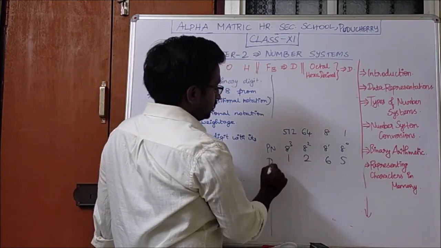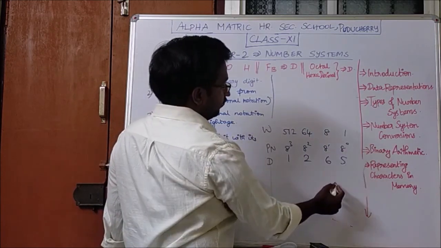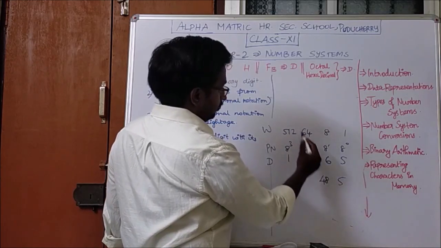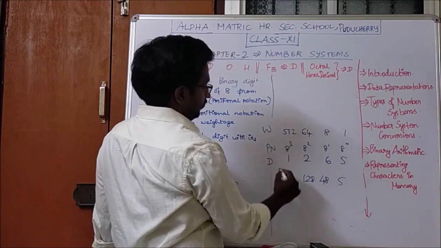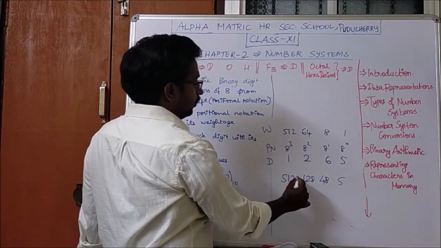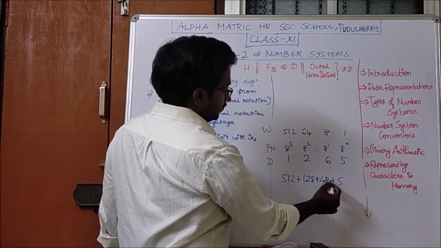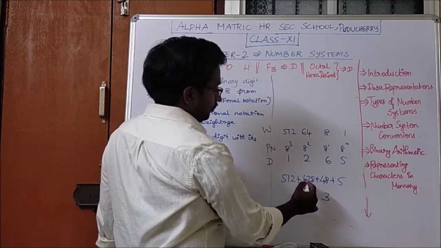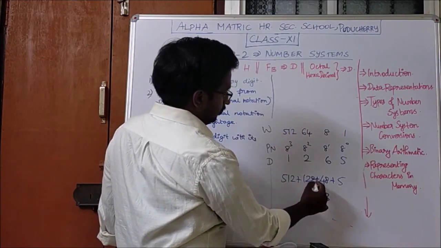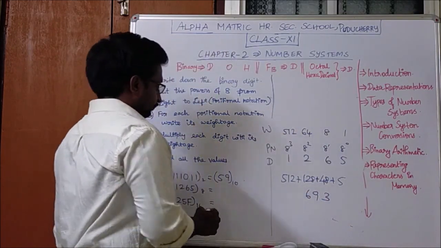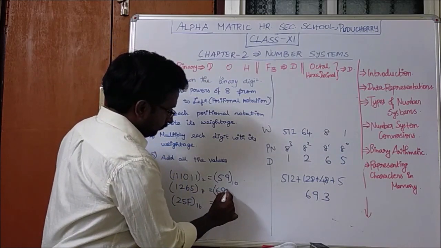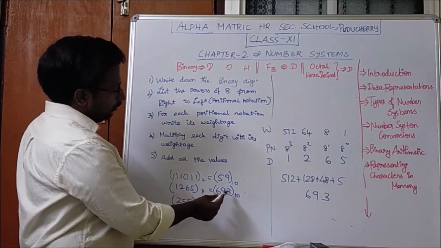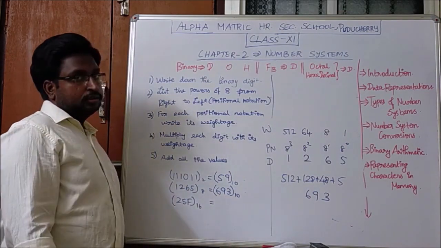You have to multiply each digit with its corresponding weightage. 5 into 1, 5. 6 into 8, 48. 128 and 512. Add all the values. That is 13, 21, 23, 6, 8, 9, 6. This is the decimal equivalent for the octal number.